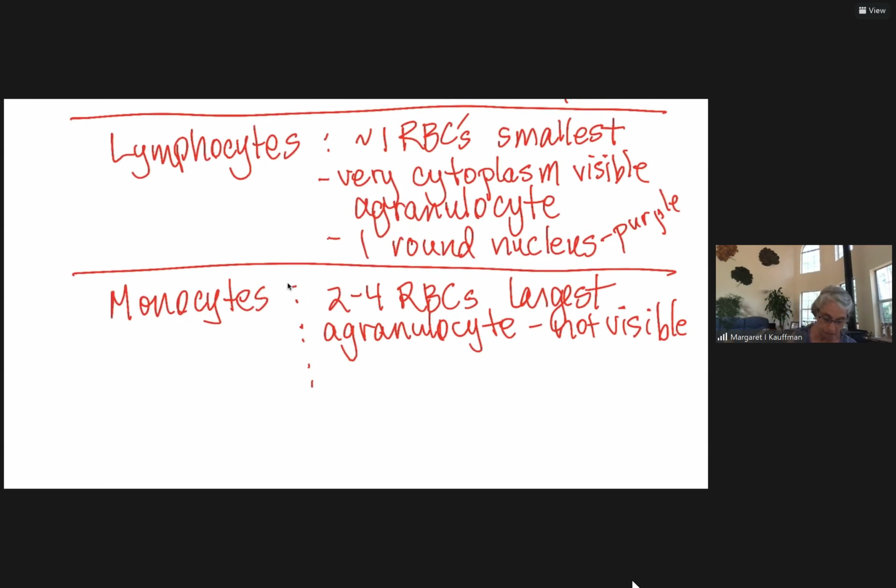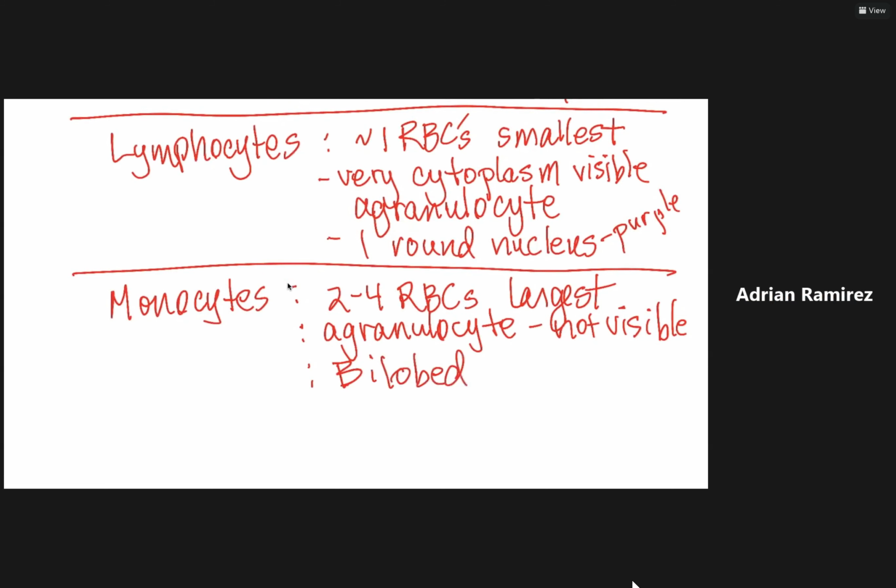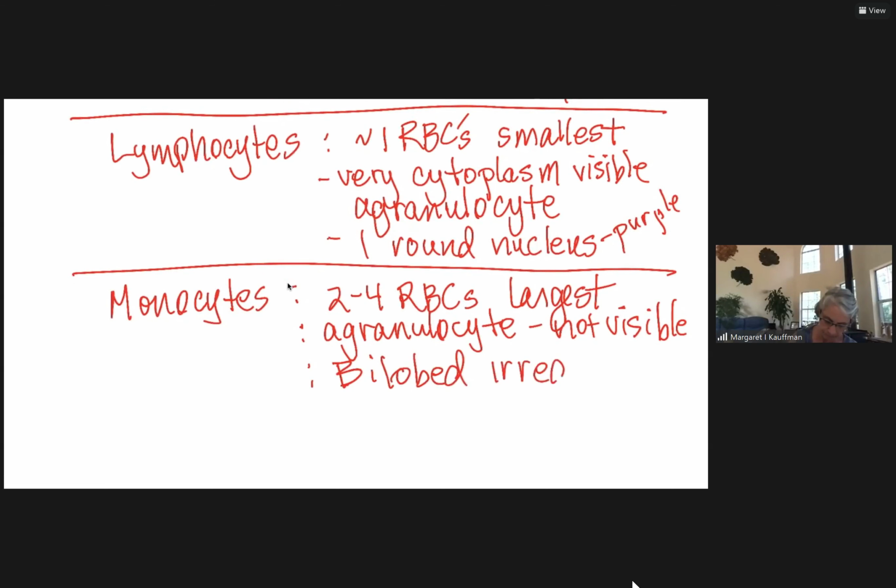So what about their nucleus? They tend to have a bilobed nucleus, but it's irregular. It's always got some kind of lobing to it.